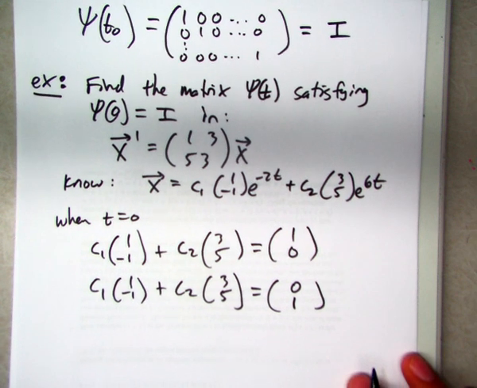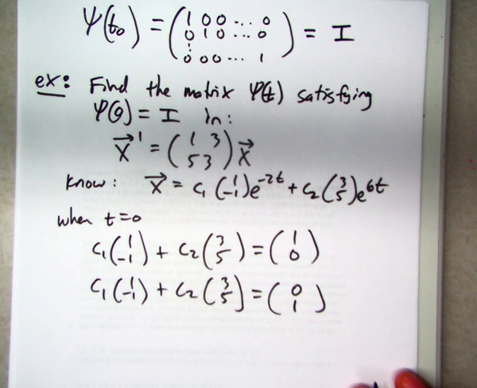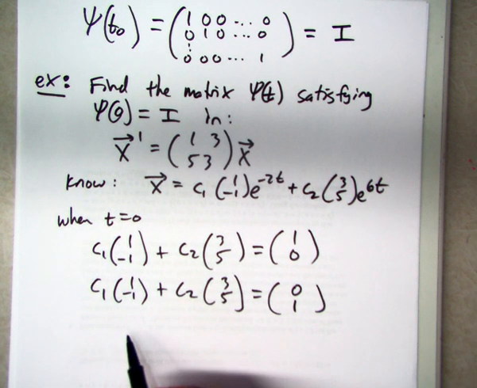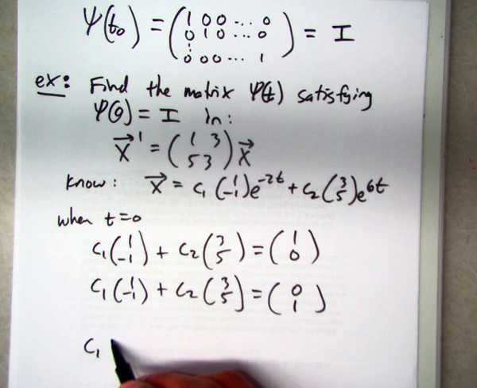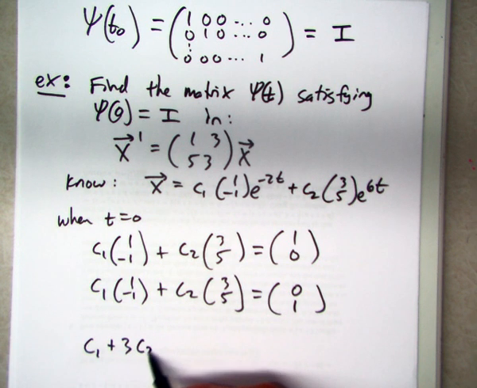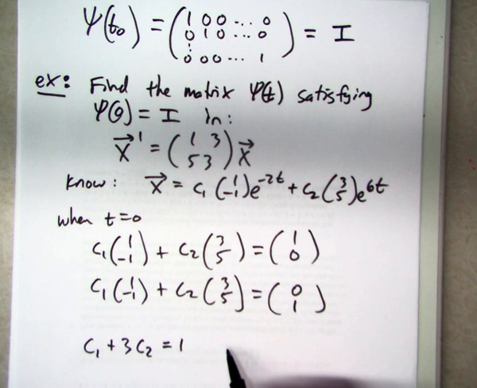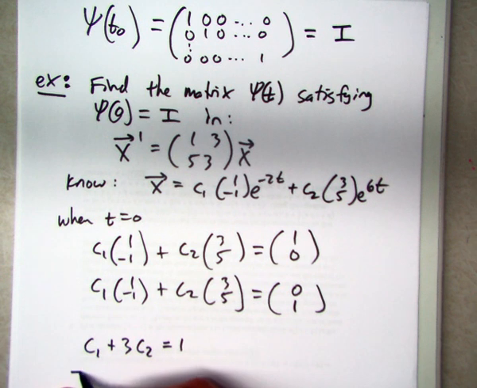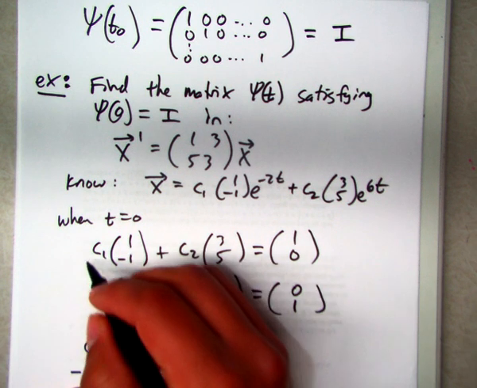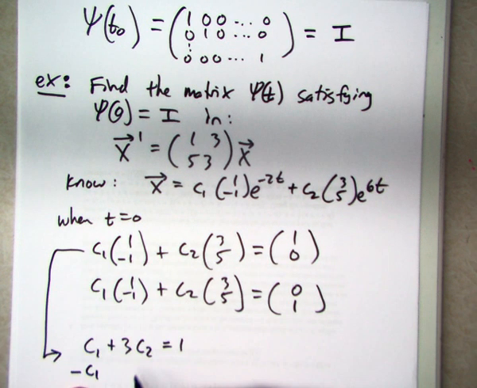So let's see what happens. We get C1 plus 3C2 has to equal 1, minus C1 plus 5C2 has to equal 0. I'm looking at just this case right now. Do you guys see how I'm getting those?